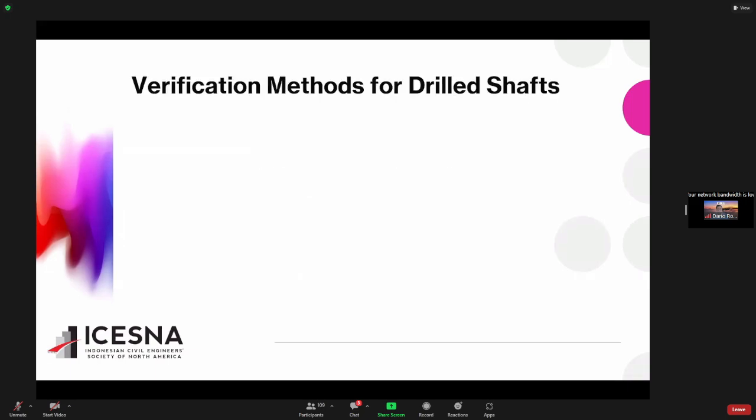So, verification methods for drilled shafts. We check the quality of the pile. First of all, you need to make sure your bottom is clean before you pour your concrete, especially if you rely on the tip resistance.